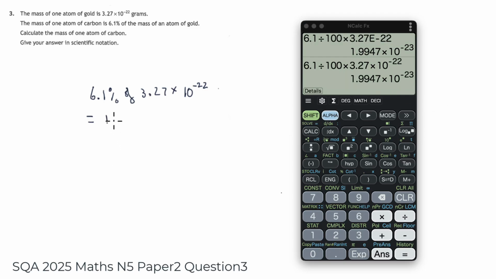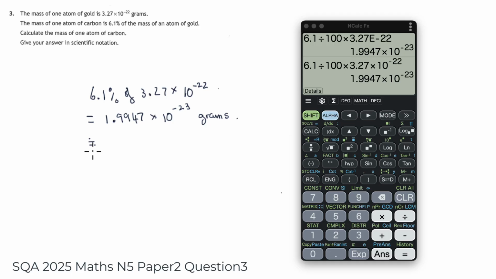So 1.9947 times 10 to the negative 23. And that's grams. Now, they haven't asked for any accuracy.